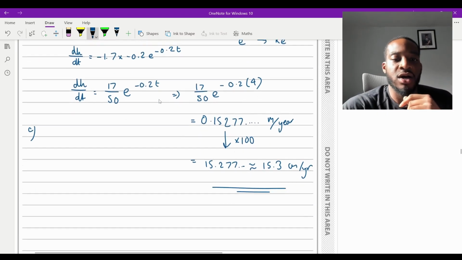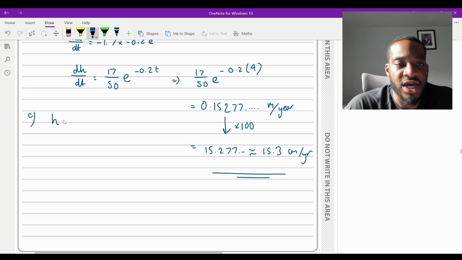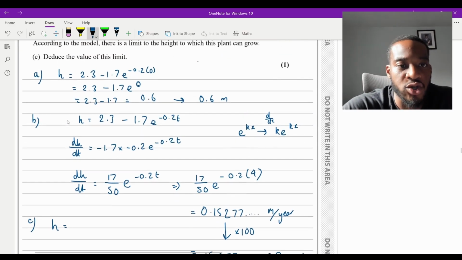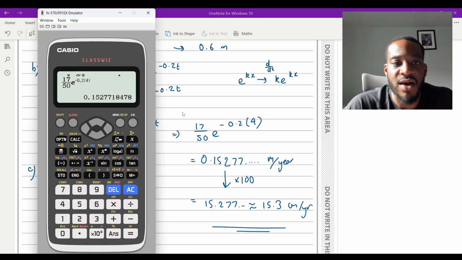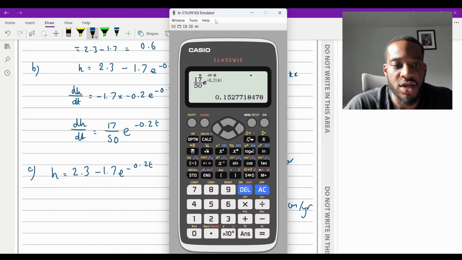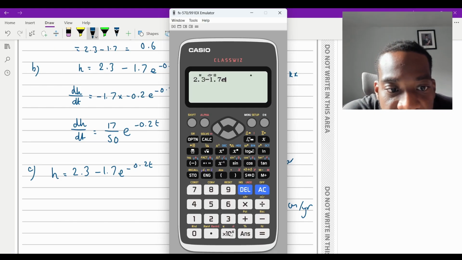So the function is h is equal to 2.3 minus 1.7 e to the minus 0.2t, and I'm going to get my calculator. We're just going to investigate what happens as t gets large. So we've got 2.3 minus 1.7 e to the minus 0.2.